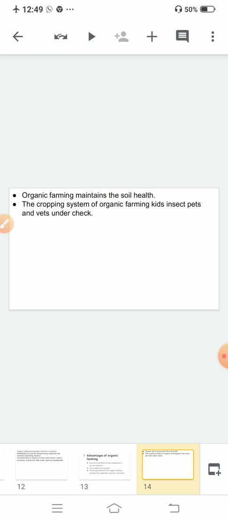Last one is the cropping system of organic farming keeps insects, pests and weeds under check. Clear? After organic farming, health of soil will remain as it is because we are not using any type of chemical, and the cropping system of organic farming kills the insect pests.